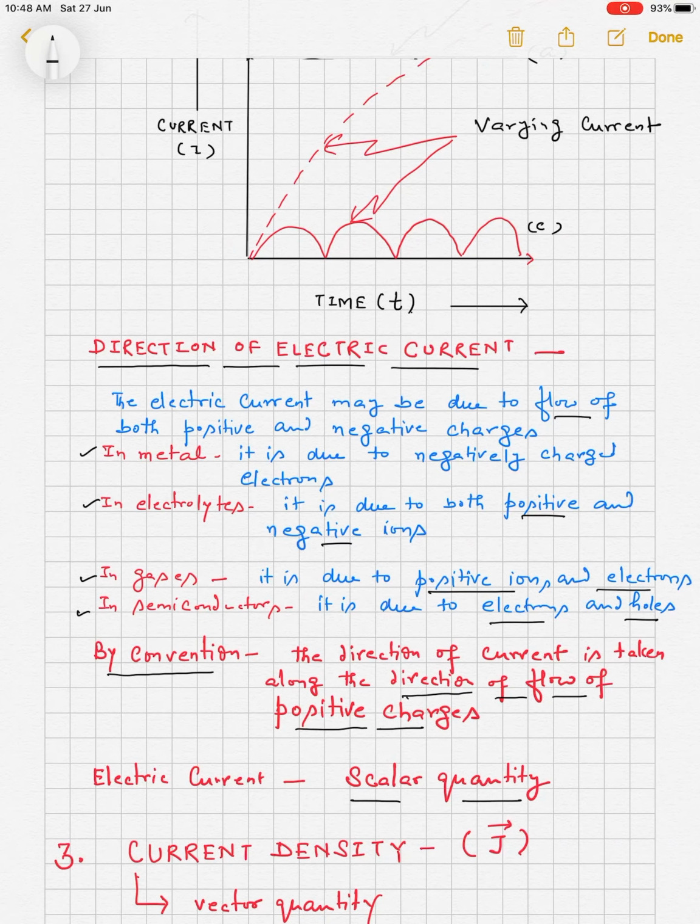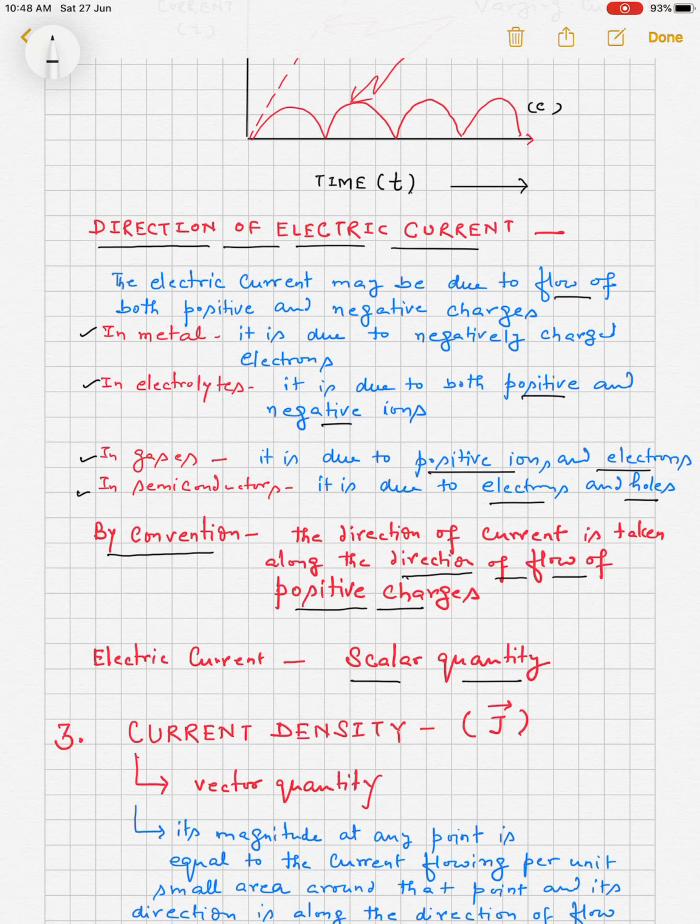Now another quantity is current density. It is represented by J, and it is a vector quantity.